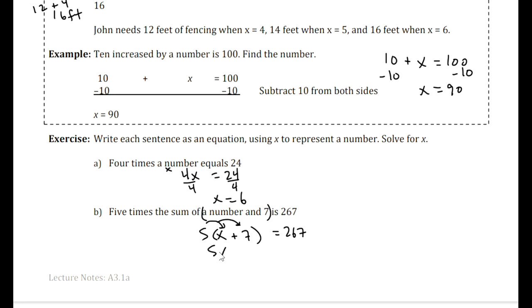So we have 5x plus 35 equaling 267. We move the 35 over. So we have 5x equals 232. We're going to divide both sides by the 5. And 232 isn't a multiple of 5, so we'll leave it as a fraction there. 232 over 5 as the answer.